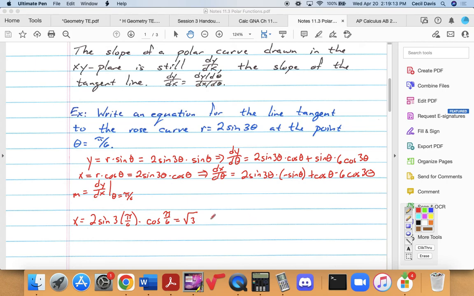And then the y coordinate is going to be 2 sine of 3 times pi over 6 times sine at pi over 6. So again, sine at pi over 2 is 1, so that's 2 times 1/2 is 1.